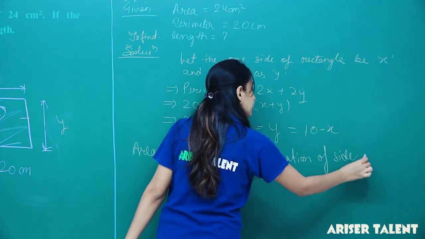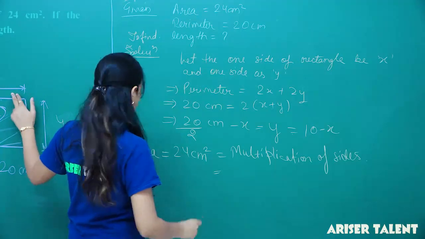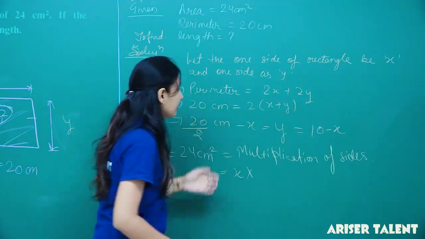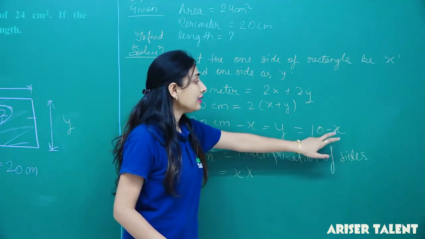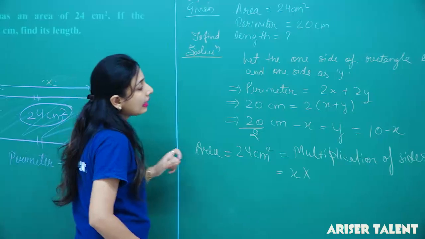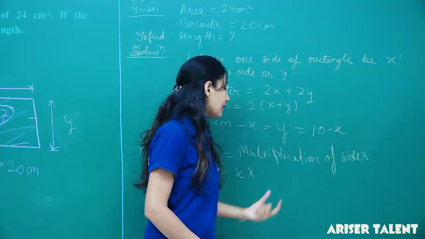Now students listen, one side is x, I have told you, right, and the second side is 10 minus x. Why? Because y is the second length, and we have this value of y equals 10 minus x.